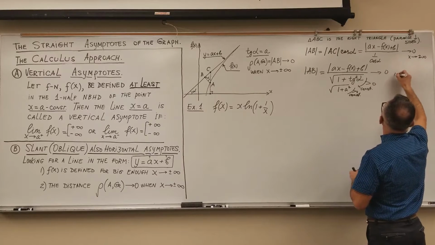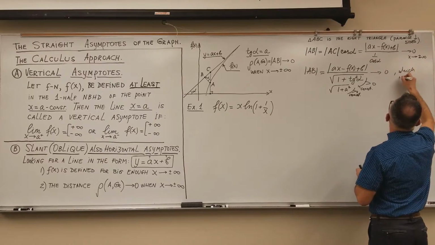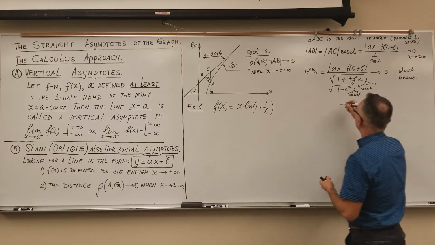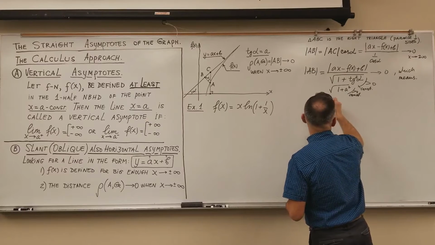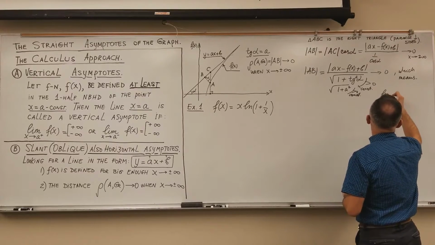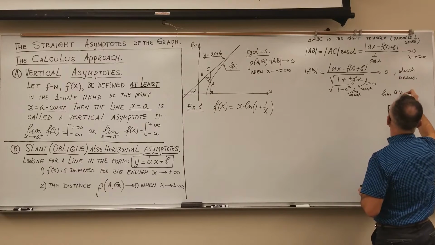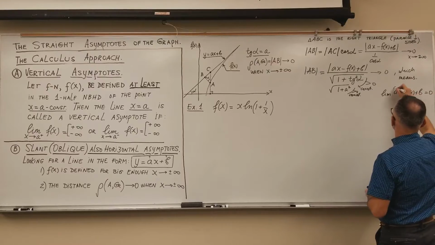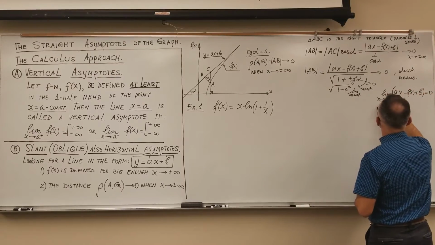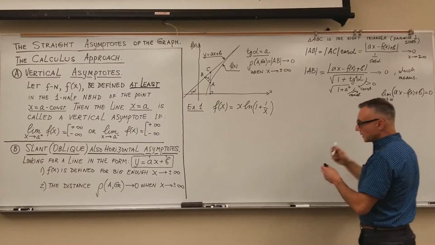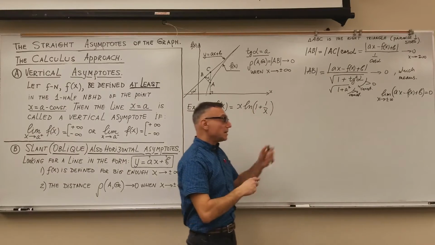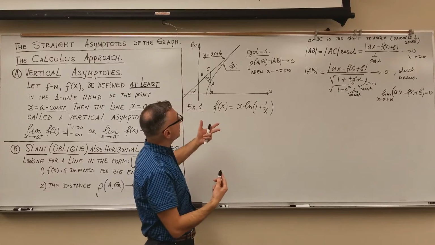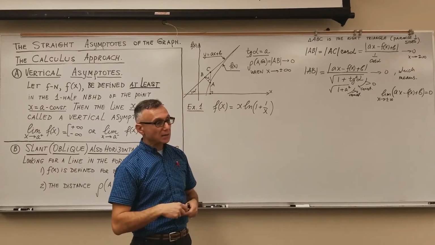So the limit of my numerator, AX minus f of x plus b, is equal to 0 when x goes to either plus or minus infinity. That is the condition which tells me that my AC contracts to 0.